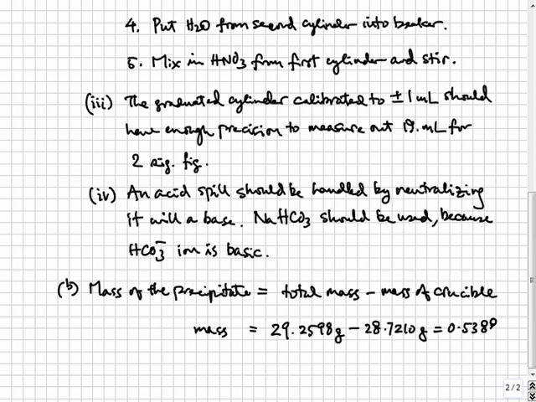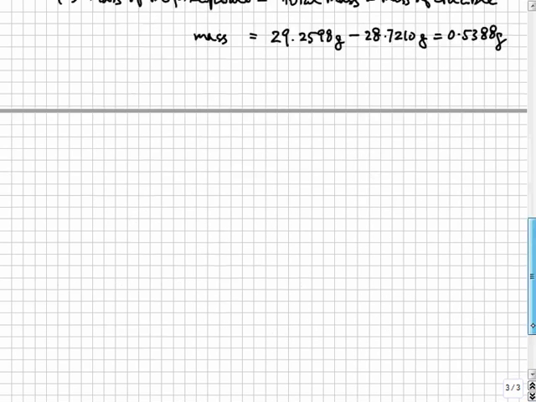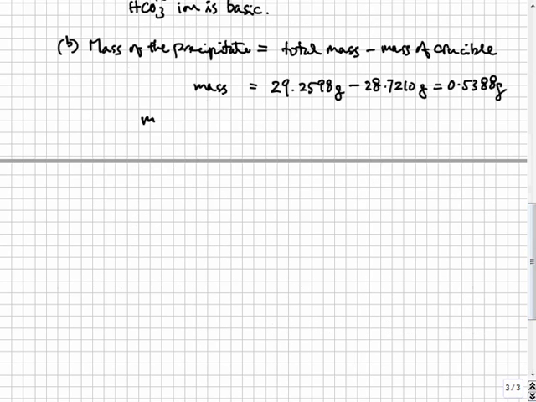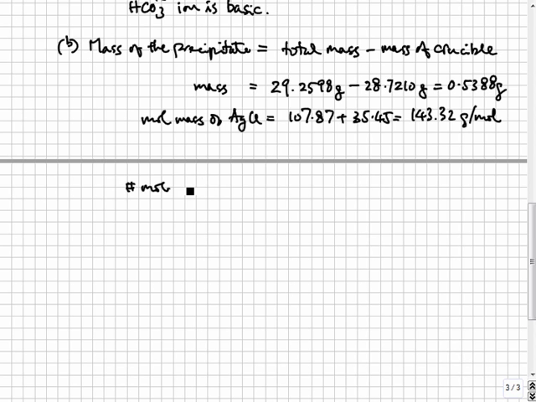We'll take the net mass, which is 0.5388, and we'll have to divide it by the molar mass of AgCl. And the molar mass of AgCl comes out to be 143.32 grams per mole. So the number of moles of AgCl comes out to be equal to 0.003759 mole.